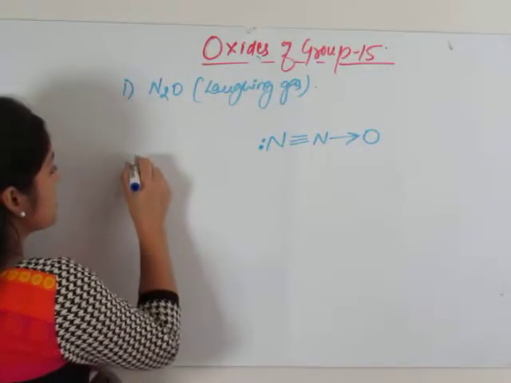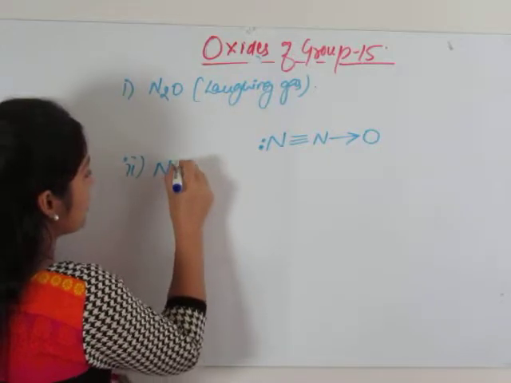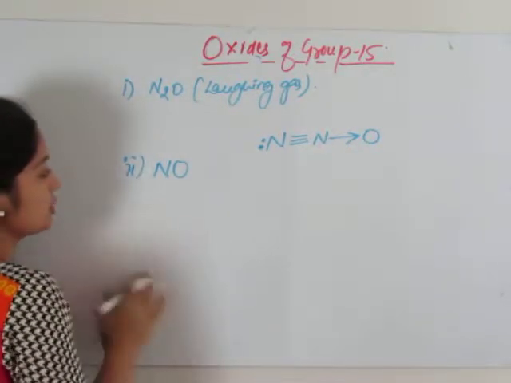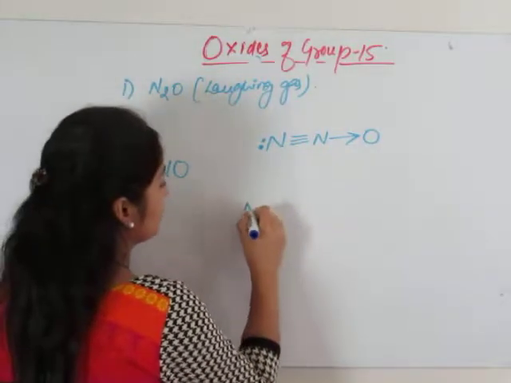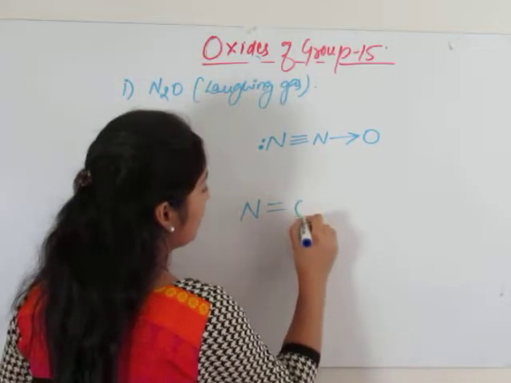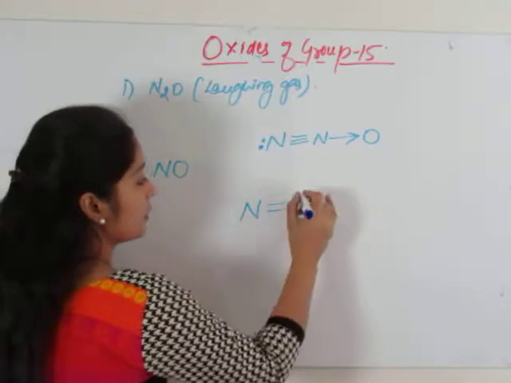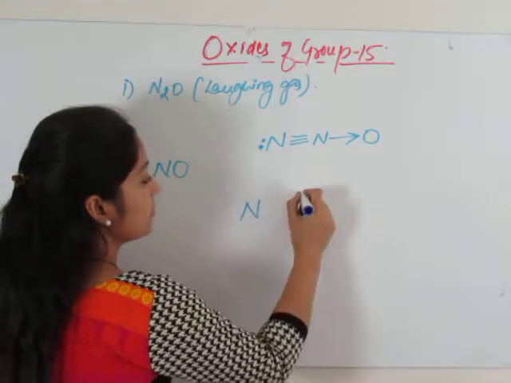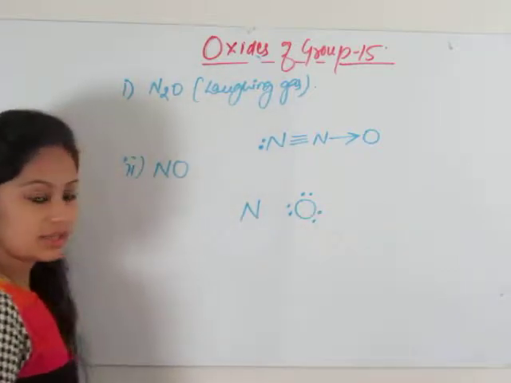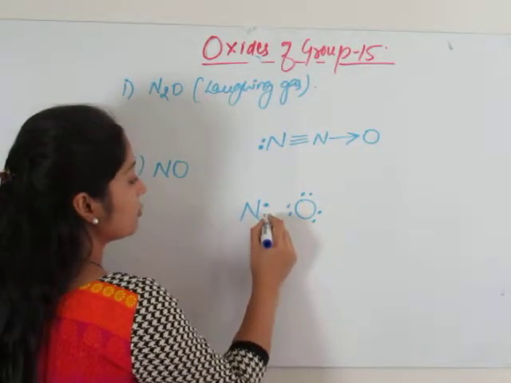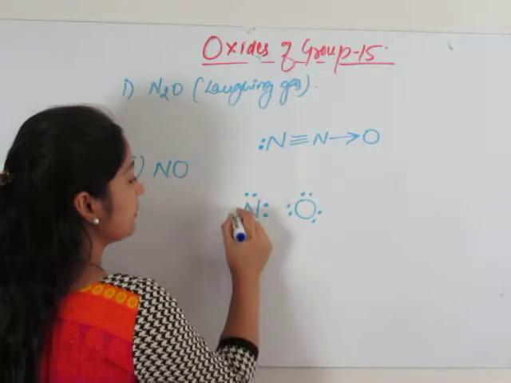Next है आपके पास structure of NO, nitric oxide. So इसका structure N double bond O. डबल बॉन्ड O क्यों बनाया हमने? बिकॉज ऑक्सीजन के पास 6 इलेक्ट्रॉन्स थे वैलेंस शेल में, नाइट्रोजन के पास 5 वैलेंस इलेक्ट्रॉन्स हैं.